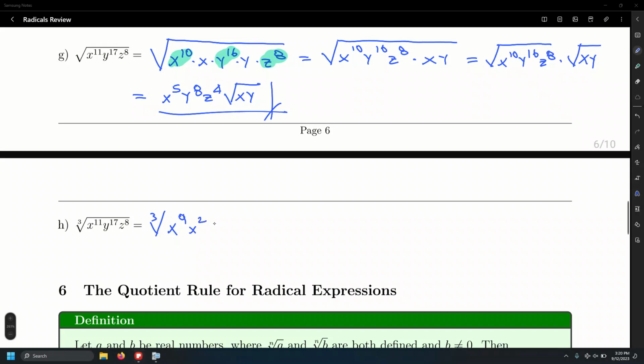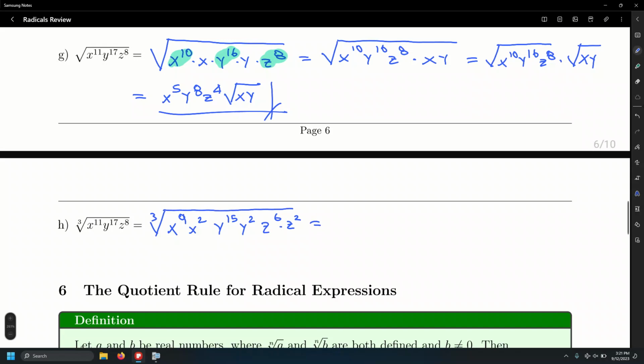What about y? 17 first. Is 17 divisible by 3? So what number smaller than 17 is? 15. So that is 15, and I will be needing 2 more to complete the 17. What about z to the 8? z to the 6 times z squared.